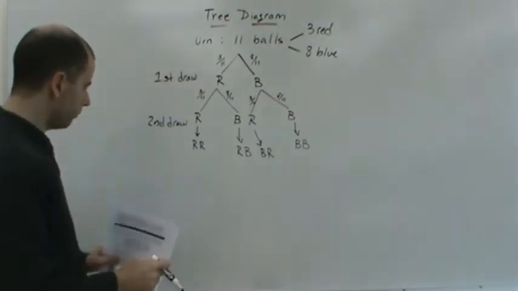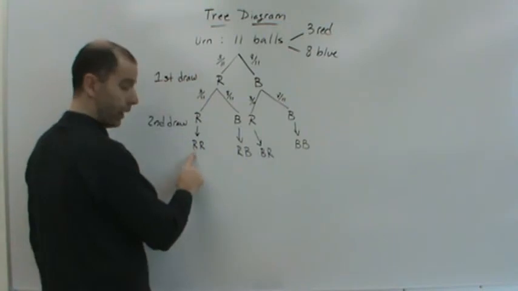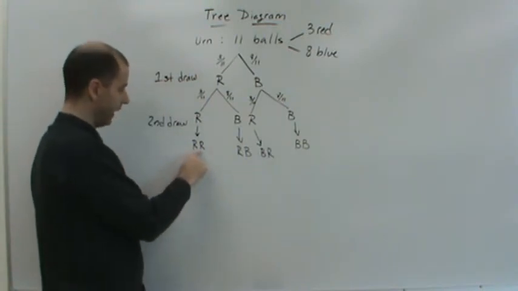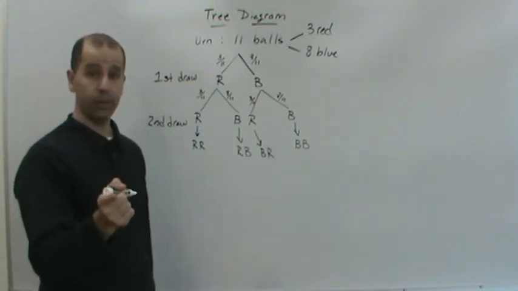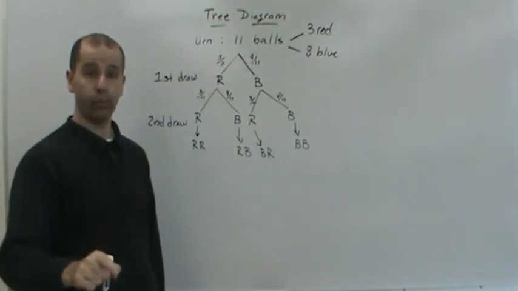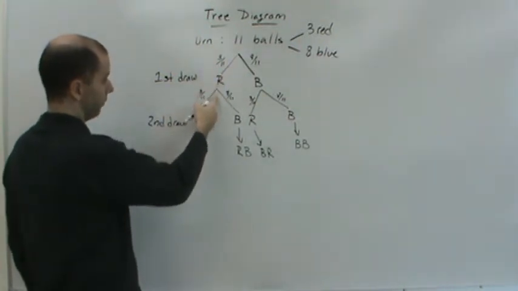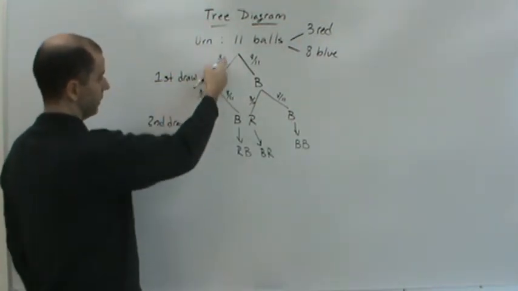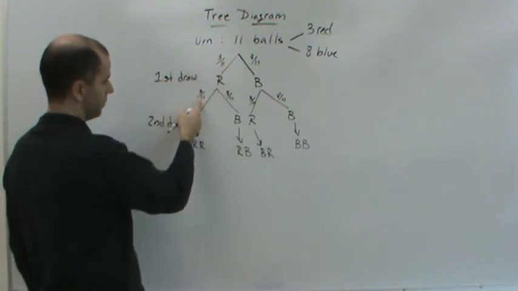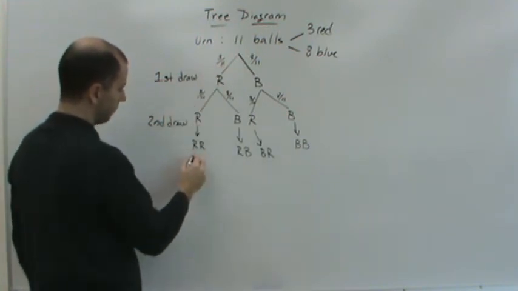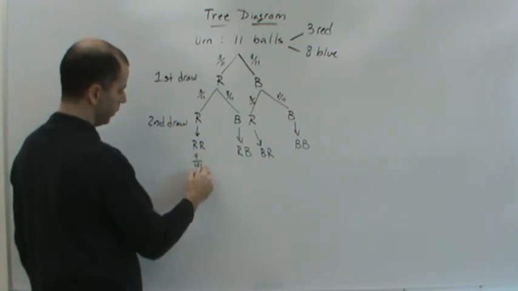Now, what's the probability of getting a red on the first draw and a red on the second draw? Well, the way we figured out those probabilities is we multiply down the branch. So what branch do we multiply down? We multiply down the first branch. So we take 3/11ths times 3/11ths, and we get a probability of 9 over 121.